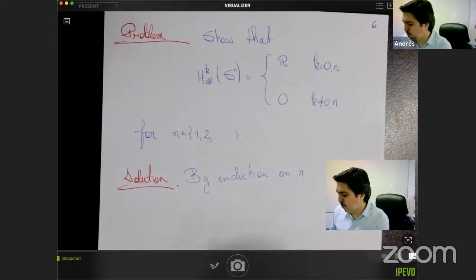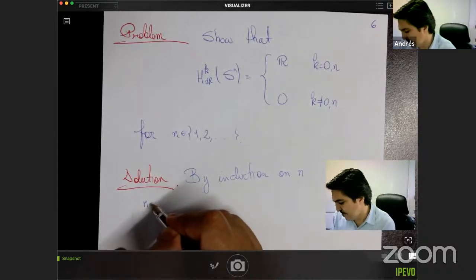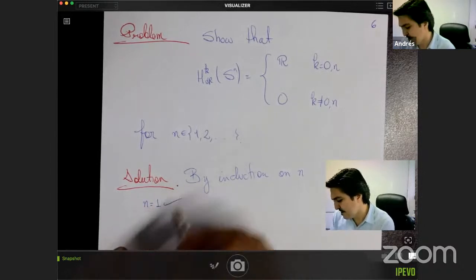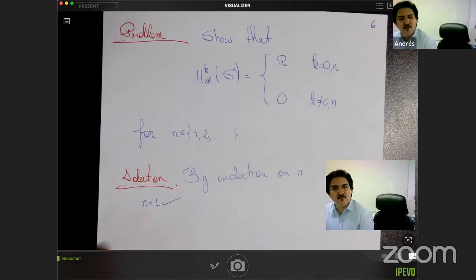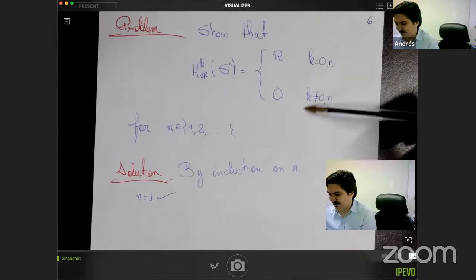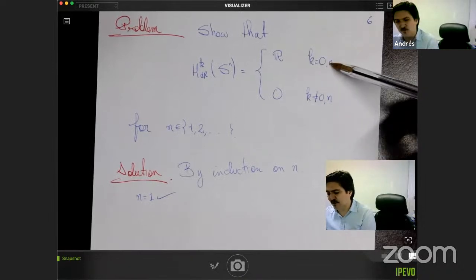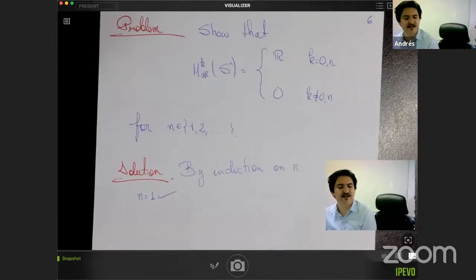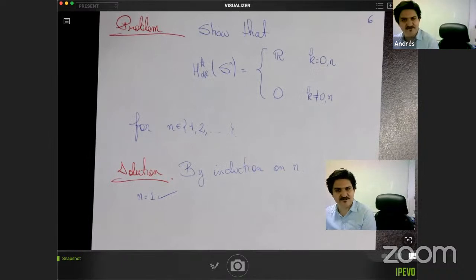For n equals 1, we computed the cohomology of the circle last week. And it was R in degrees 0 and 1 and 0 on the rest, right?